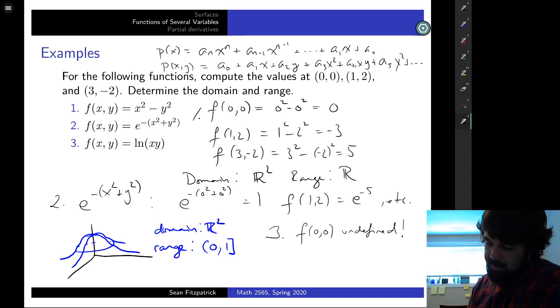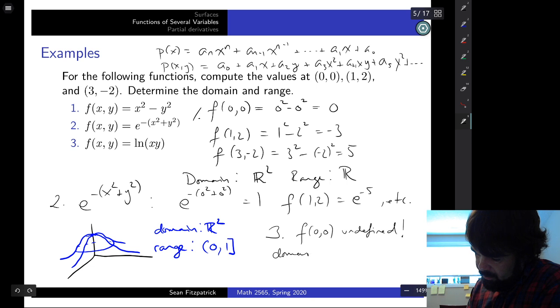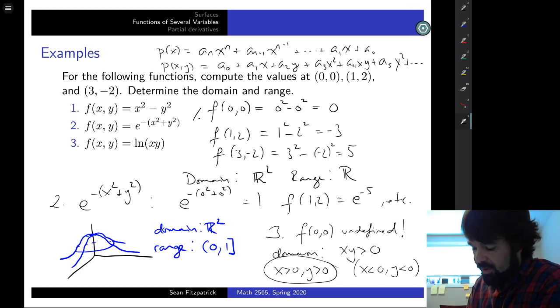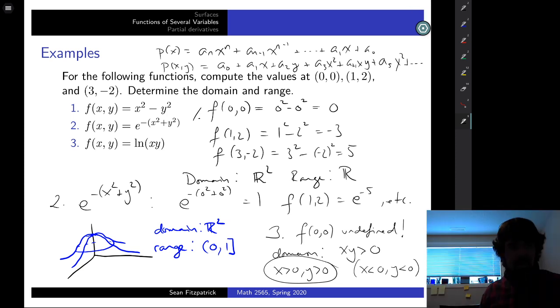So the main thing I want to point out for the third one is that the domain is we need x times y to be bigger than 0. And there are two ways to get x, y bigger than 0. We can have x bigger than 0 and y bigger than 0, which is quadrant 1, or we can have x and y both negative, which is quadrant 3. So you can have first quadrant, you can have third quadrant.